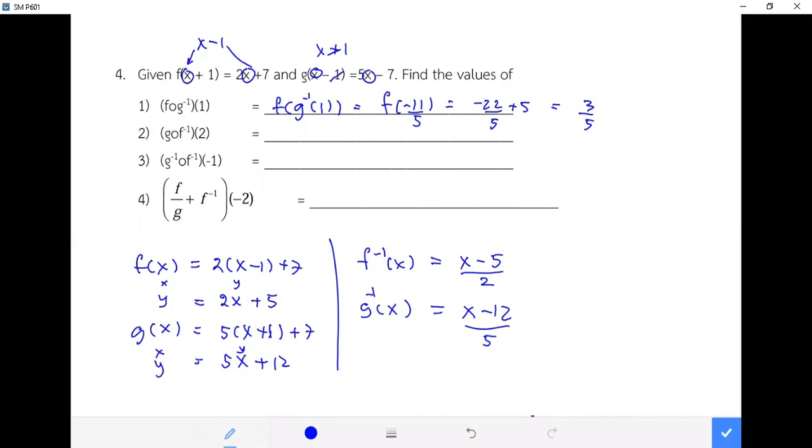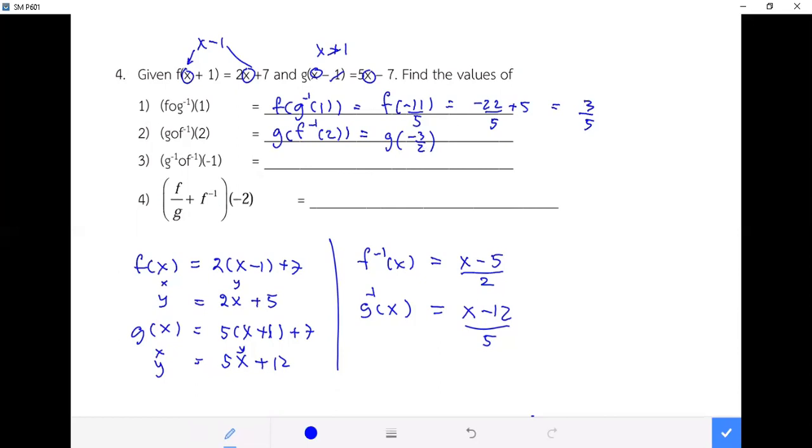Yeah, you can do this one now, right? You want to get g of f inverse of 2. Very easy. Put number 2 in your f inverse, right? 2 minus 5 is minus 3. Minus 3 over 2. So it's going to be g of minus 3 over 2. And then you put this one in your g.